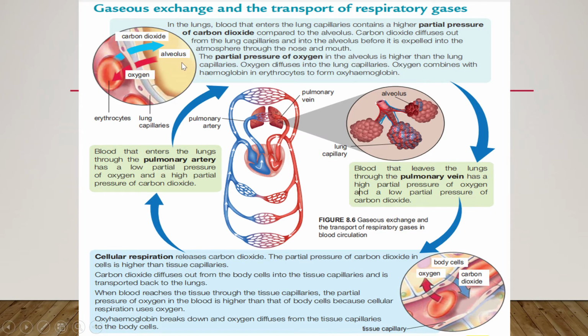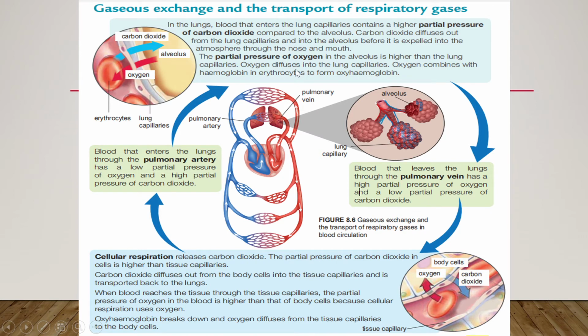The red color here is denoting oxygen. From here we breathe in fresh air, isn't it? Inhalation. This has fresh oxygen, so therefore the partial pressure of oxygen in the alveolus is higher than the one in the lung capillaries.